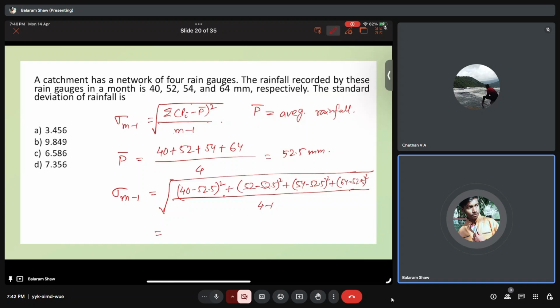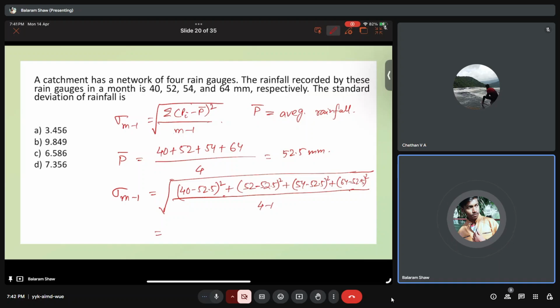Just calculate this. How much are you getting?